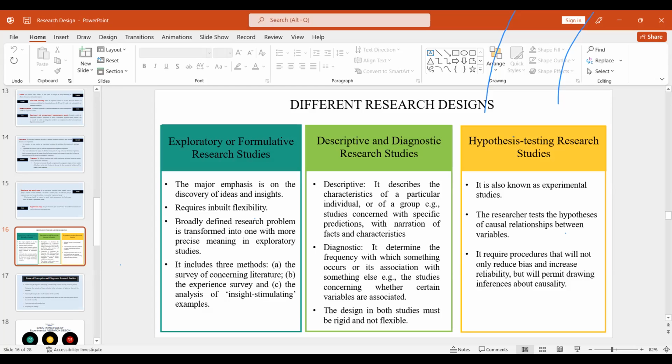Second, the researcher tests the hypothesis of a causal relationship between variables. Third, it requires procedures that will not only reduce bias and increase reliability, but will permit drawing inferences about causality. So these are the different types of research design.